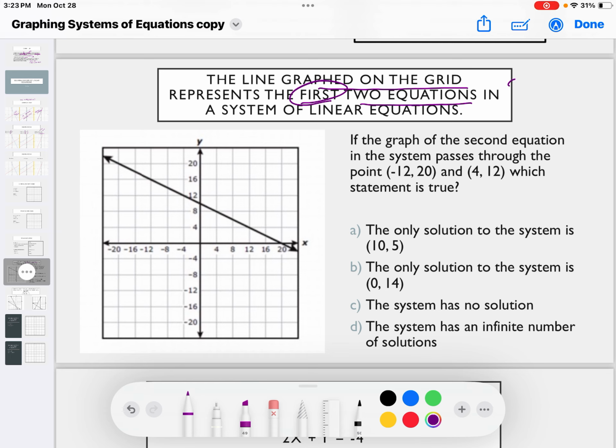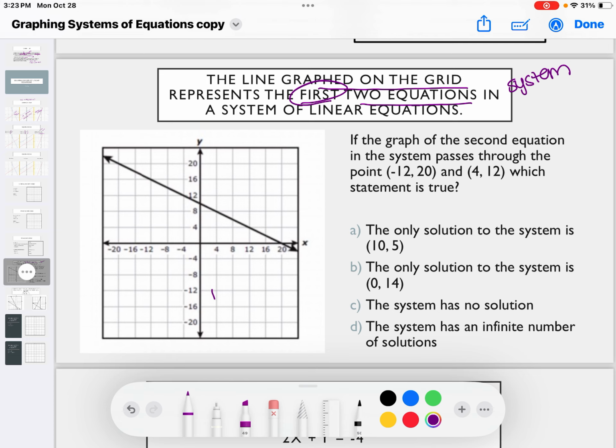So I know there's a system, more than one equation, a system of linear equations. So before we keep reading, how about we find all the information we can on this line here, on this grid. So how about we find the slope and we find the y-intercept?